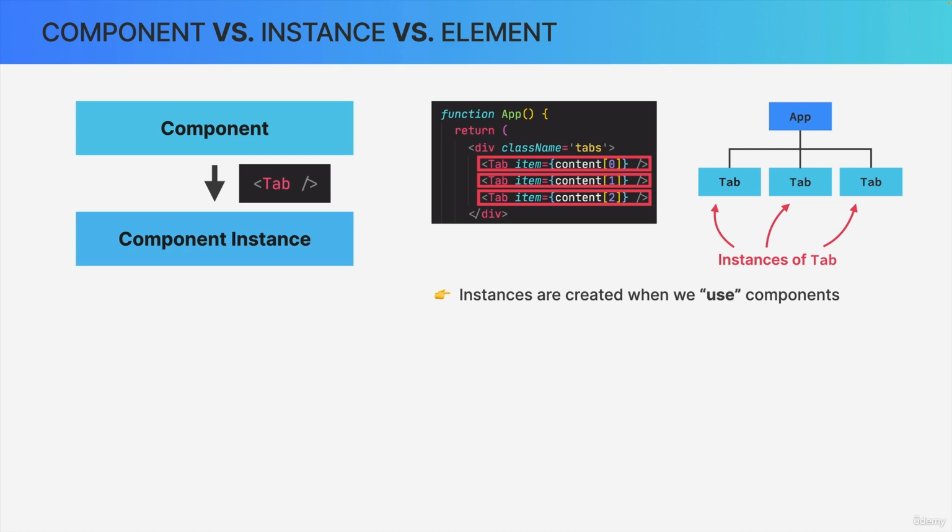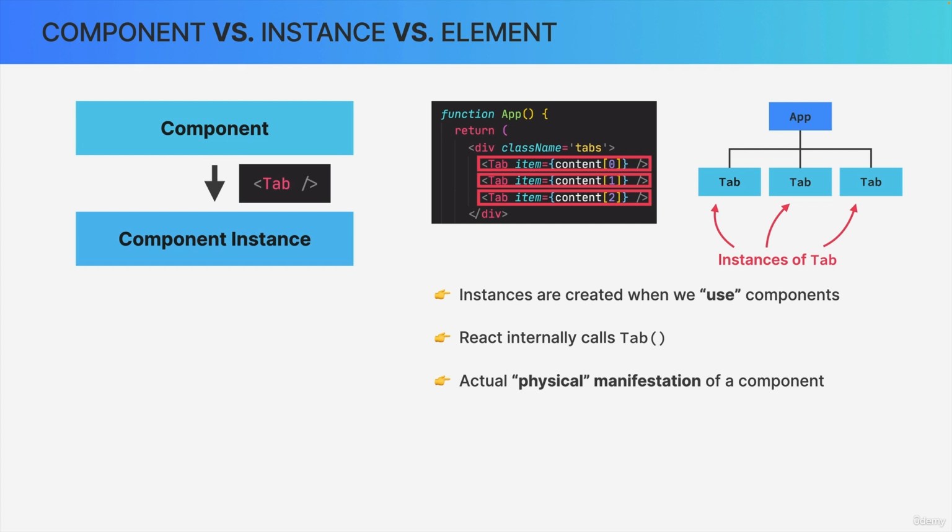Behind the scenes, this happens because React will call the tab function 3 times, so 1 time for each instance. So we can say that an instance is like the actual physical manifestation of a component living in our component tree, while the component itself is really just a function that we wrote before being called.